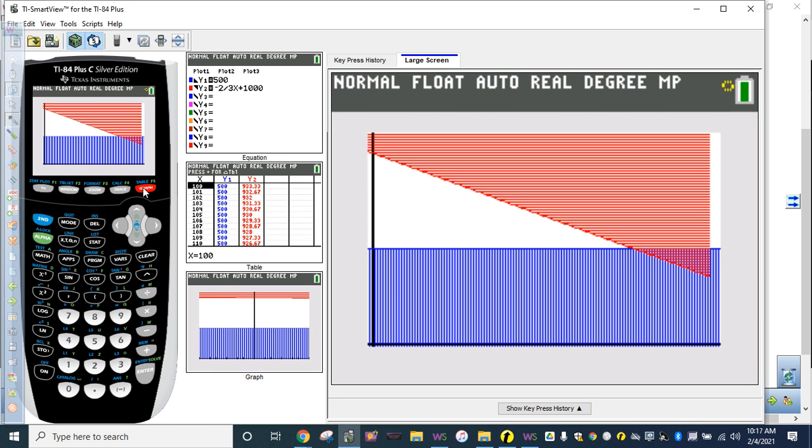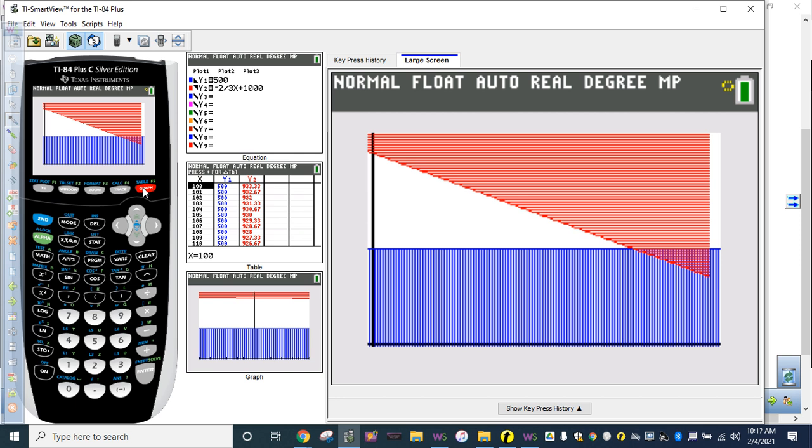Oh, so, hey you guys, turn your plots off. Cool. Thank you. So hit y equals. Turn your plots off here. How do I turn off the plot? Go up in y equals and hit enter, and it highlights on or off.